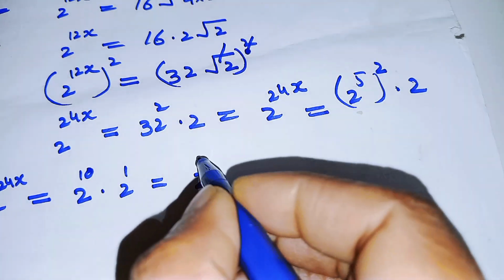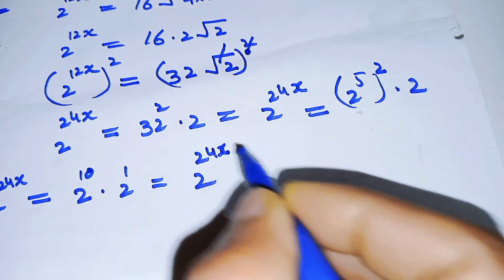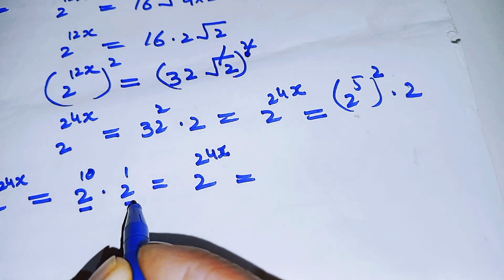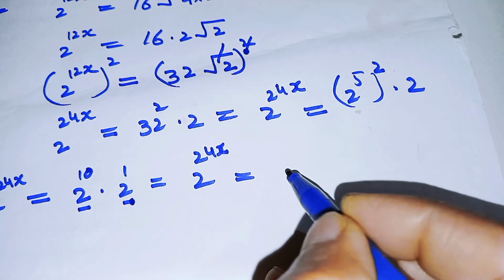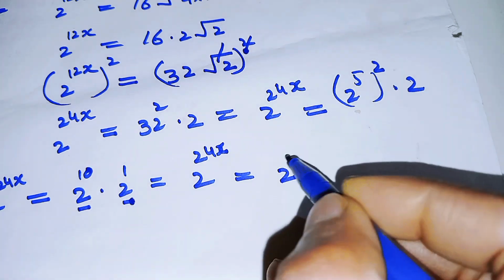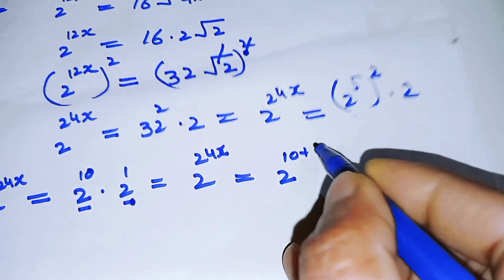So 2 to the power of 24x is equal to 2 to the power of 10, times 2 to the power of 1. The bases are the same here, so we write base 2 and add the powers: 10 plus 1.